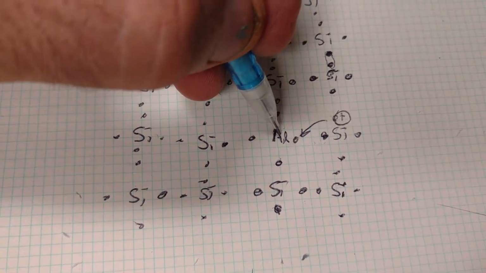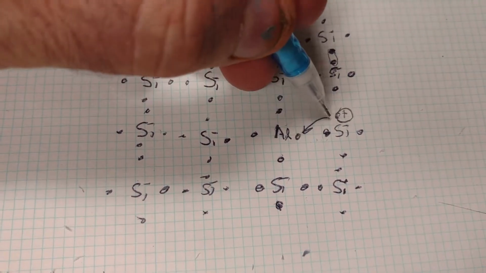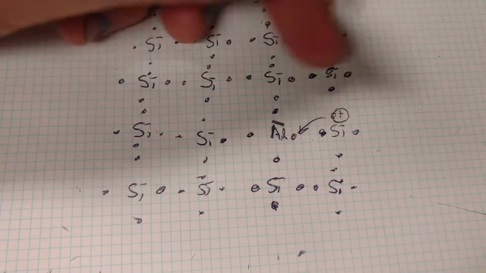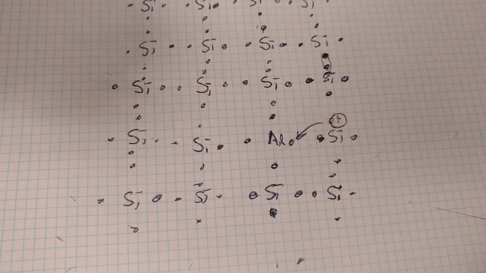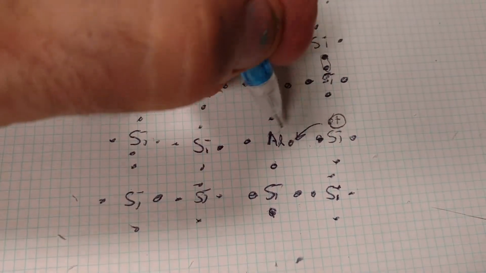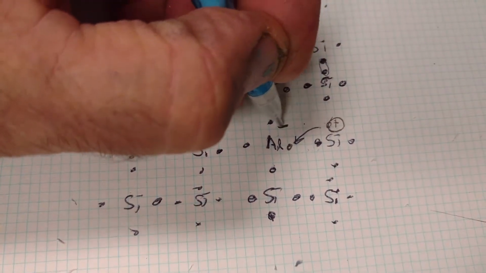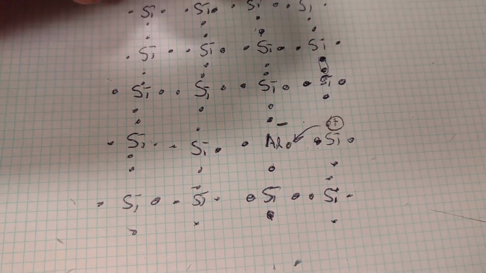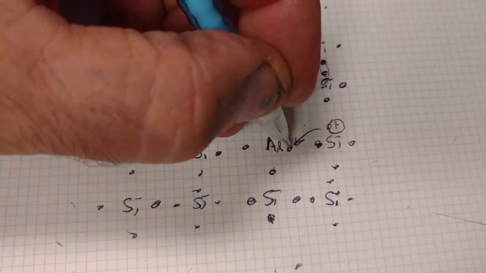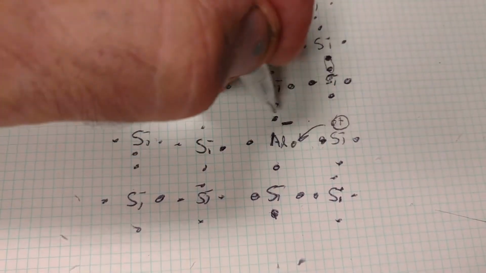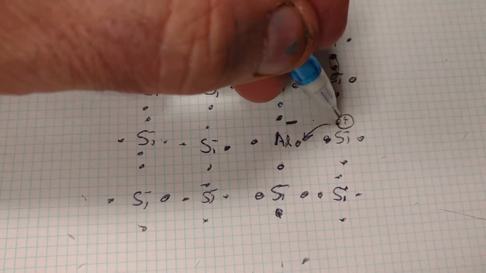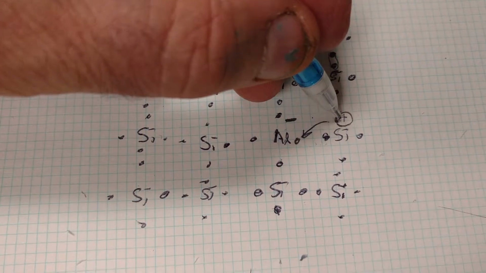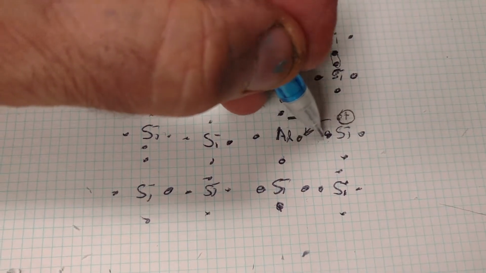It had the same number of protons balancing the electrons, but now when you added this extra electron, this aluminum now gets a minus charge. It has that extra electron, so this general area now has a minus charge. Now this thing has hopped over and taken a place and made a new bond.